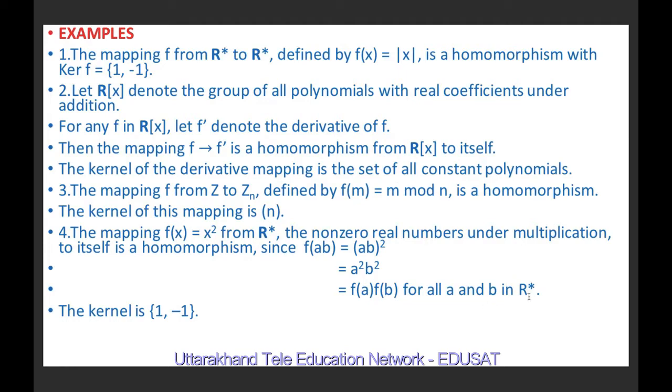And the kernel of this homomorphism is the set consisting of the elements 1 and -1, because 1² is 1 and (-1)² is also 1.